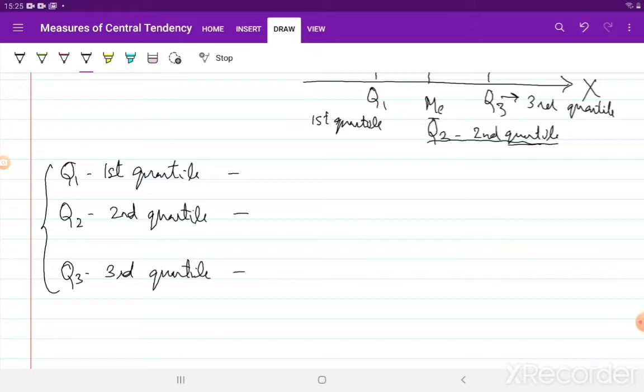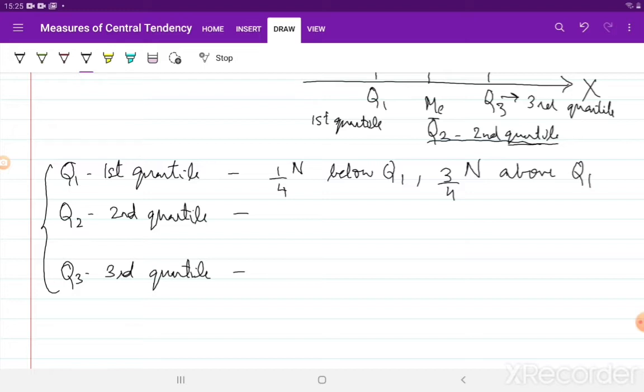Q1 is called the first quartile, and it is defined as the value of the variable such that 1/4 of the total observations lie below it and 3/4 of the total observations lie above this Q1, right?